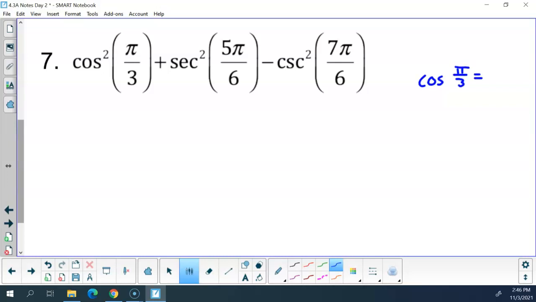So what's the cosine of pi over 3? 1/2. Right? Yeah. So that means that this then is 1/2 squared. What's 1/2 squared? 1/4.